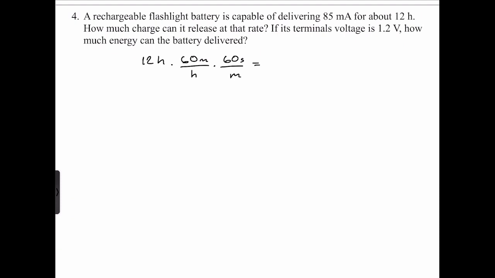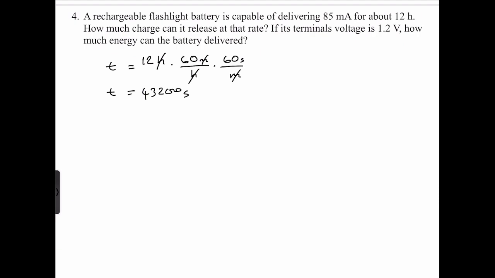So therefore, our time will equal, let's put that in the calculator, 43,200 seconds. Okay, so that's the time in seconds. I had to use my calculator for that one.